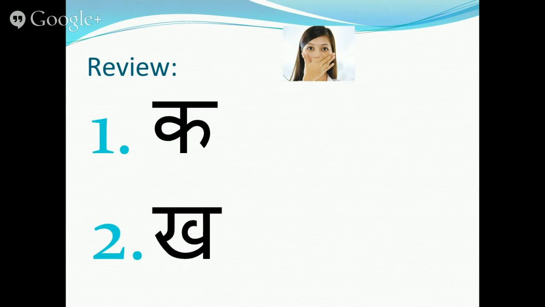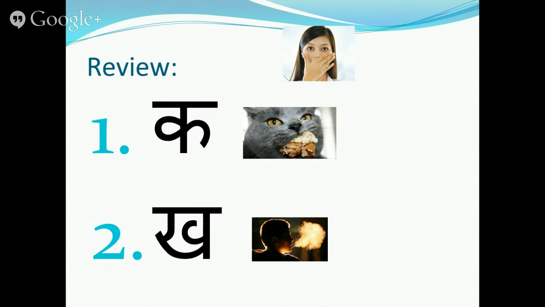Number one is ka, and number two is ka, right? Air. That's what you should feel on your hand for number two. Ka, which is usually what we do in English already. And number one, ka, no air.